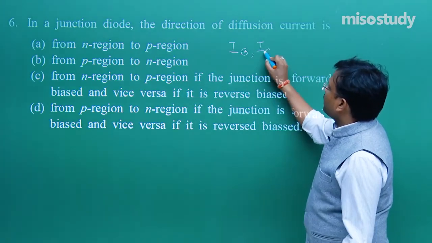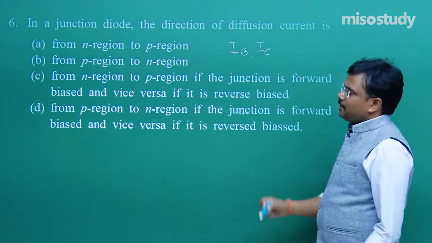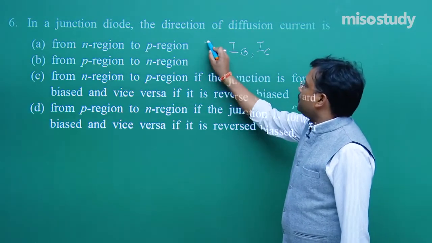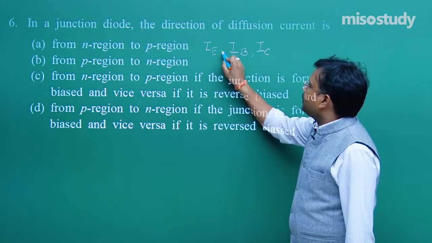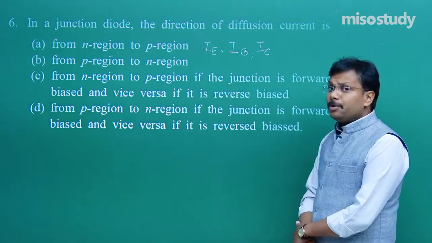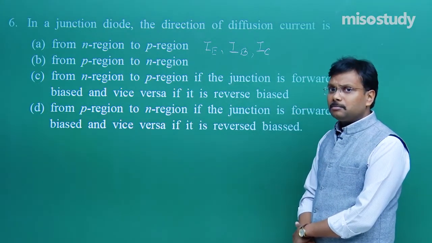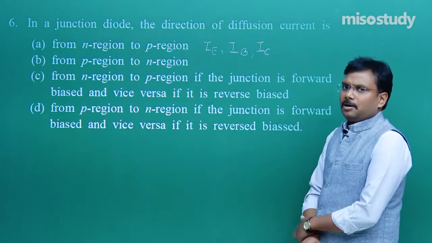If I say IC, collector current, you say yes, we know that. IE, it is the emitter current.